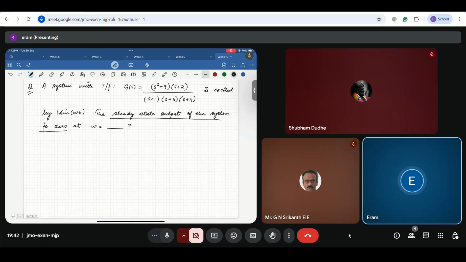So that means the steady state output will be 0 only when the magnitude of this transfer function will be 0. And at which frequency the magnitude of this transfer function will be 0?